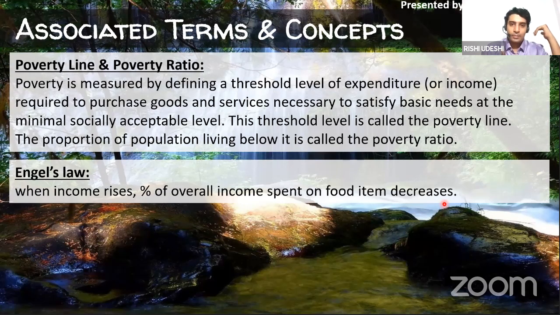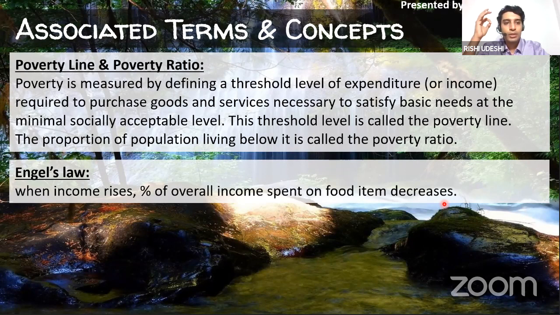But try to understand, his income rose from 50 to 10,000, and his food expense rose from 48 to 100. Basically, earlier the food expenditure used to be 96% of his income. Now the food expense is 100 out of 10,000, which comes out to be 1%. Are you getting it? From 96% it drastically decreased to 1%.